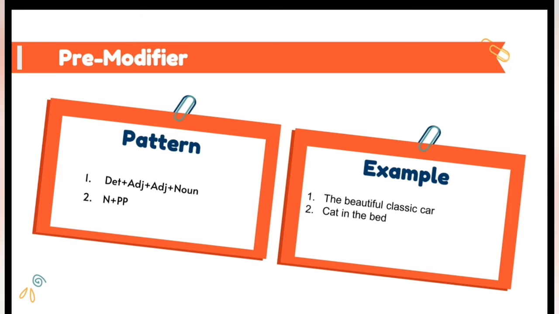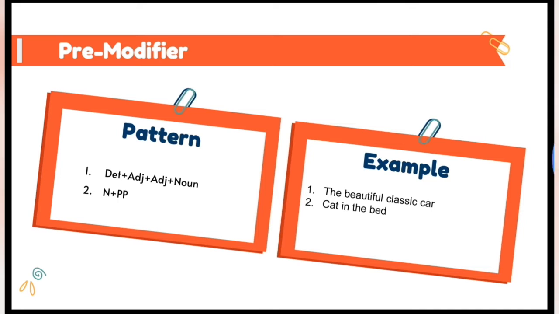Another example pattern: determiner plus adjective plus noun. For example, "the beautiful classic car". The second, noun plus prepositional phrase. For example, "cat in the bed".